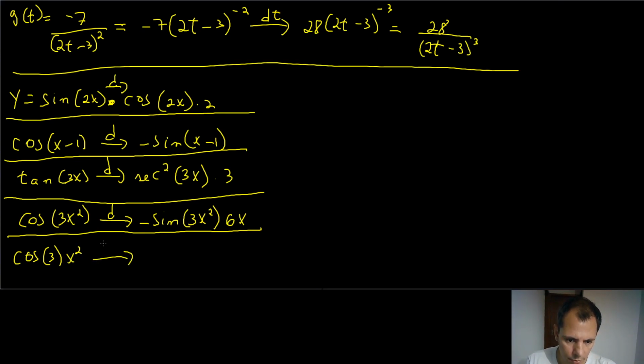You gotta remember, we're differentiating, for example, this one with respect to x, okay? So the cosine of 3 is not gonna change. It's not the cosine of 3x. It's the cosine of 3. That's a constant, okay? So you just gotta repeat this constant. It's gonna be the cosine of 3, okay, times the derivative of x squared, which is 2x.